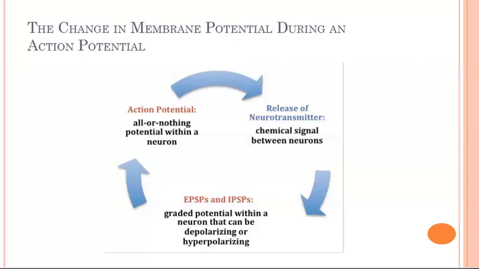A short hyperpolarization occurs partially due to the gradual closing of the K+ channel. With the Na+ channels closed, the electrostatic pressure continues to push K+ out of the cell. In addition, the sodium-potassium pump is pushing Na+ out of the cell.